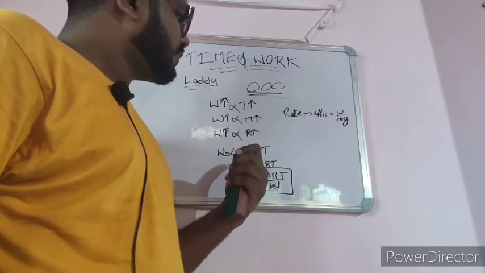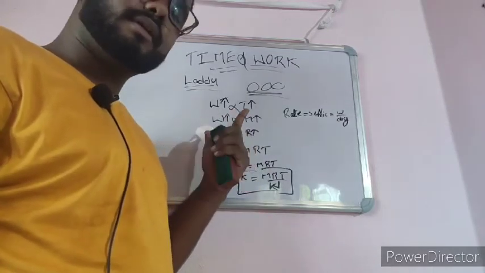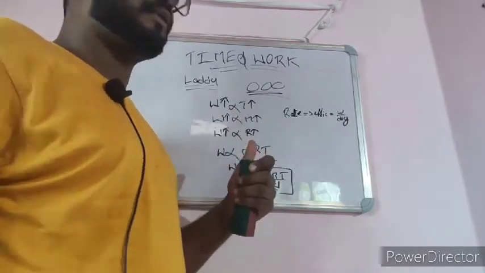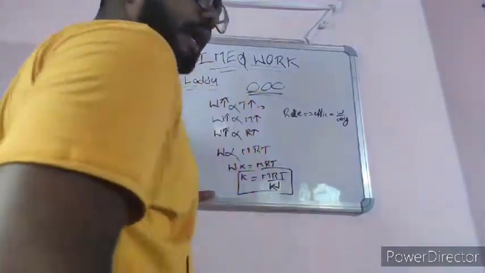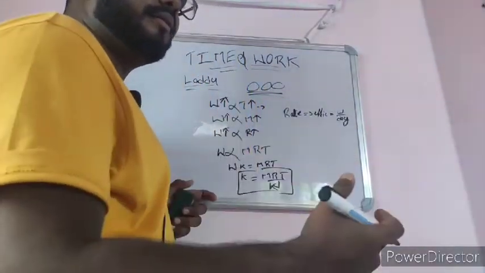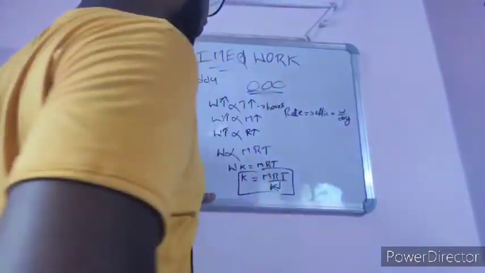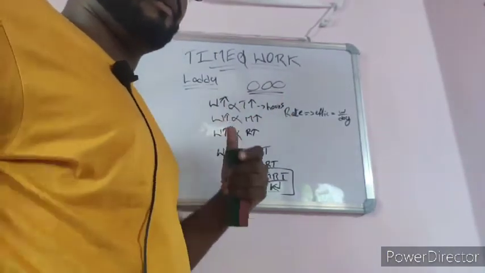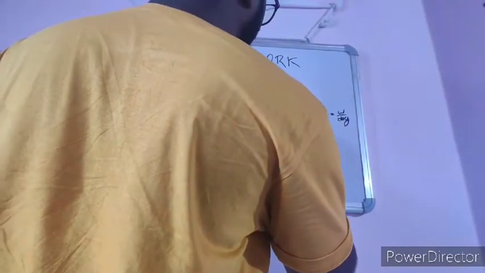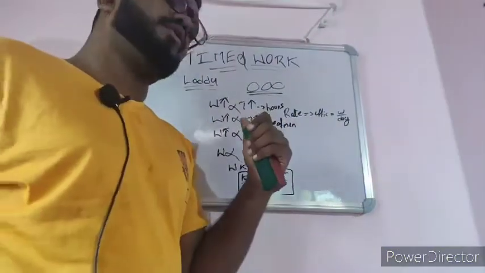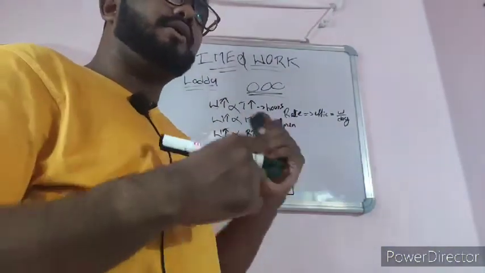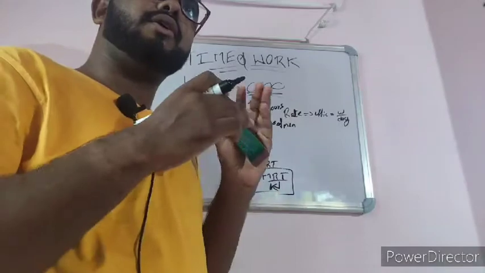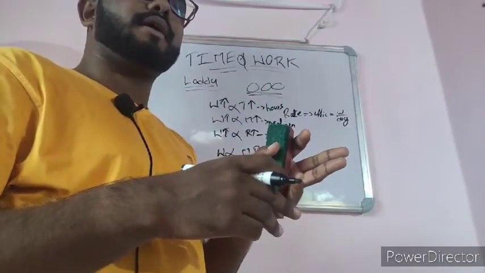Okay, so we have units for everything. The units of time period are hours. The units of man are the number of men. But for rate, the units change according to the work.